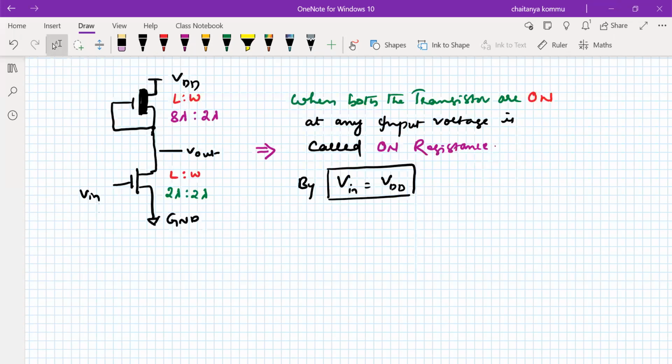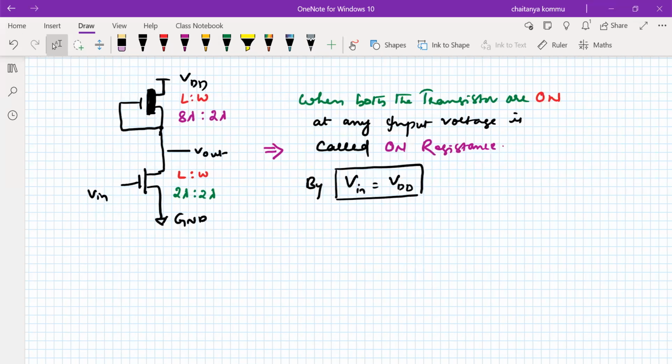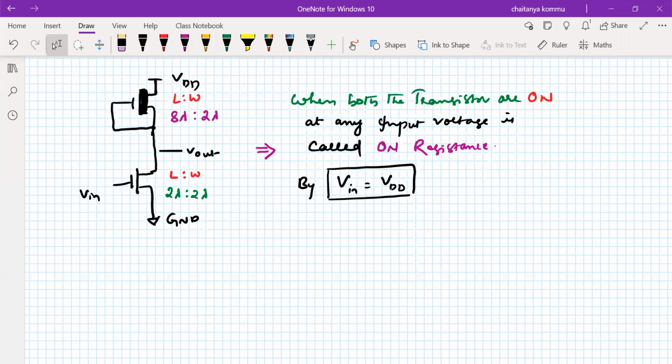Right? Now, under this situation, how do we calculate the resistance of both the transistors?